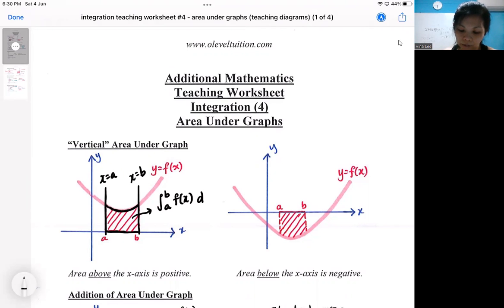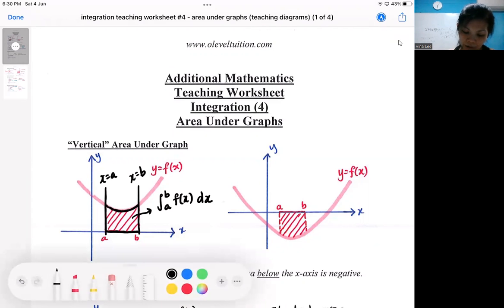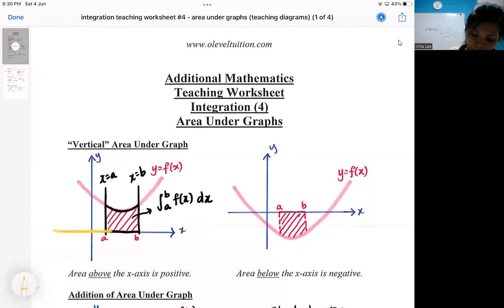So you integrate the equation with respect to the two walls. You will get a value, and that value is the value of the area. In this situation, because it is above the x-axis, it will be a positive area.